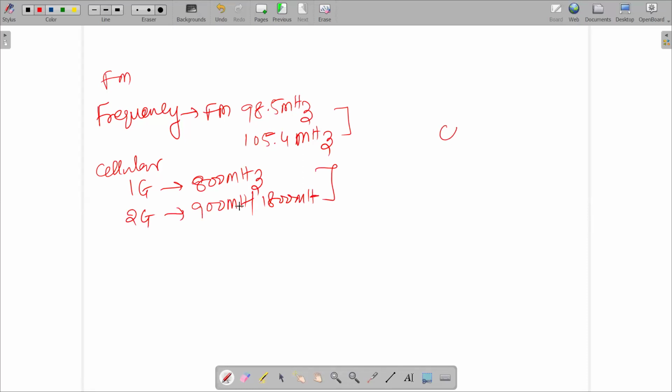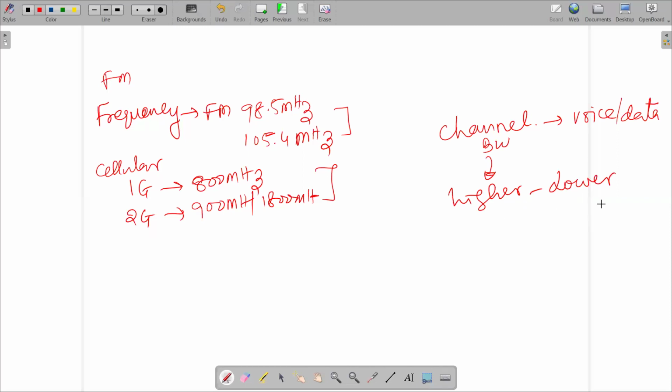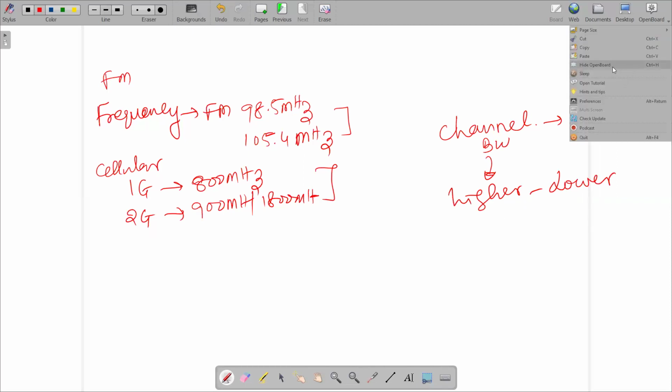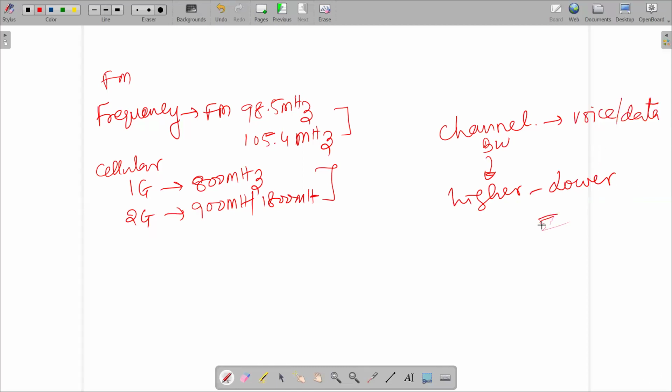This is the frequency, and the channel is to transfer the voice or data. So simply, channel bandwidth is higher frequency minus lower frequency. Higher frequency minus lower frequency will give you the bandwidth.